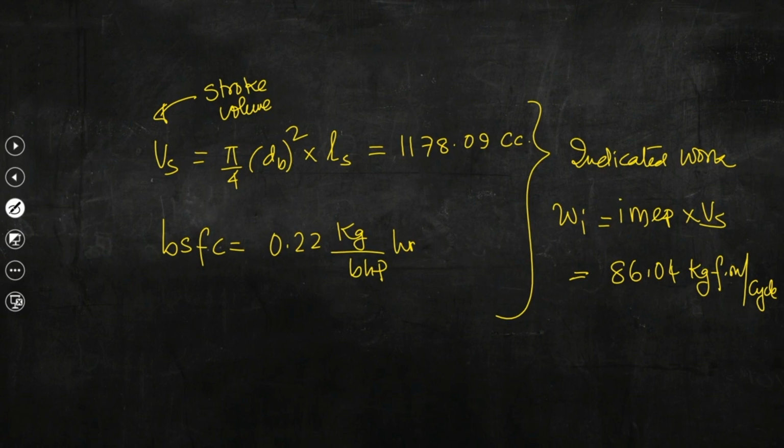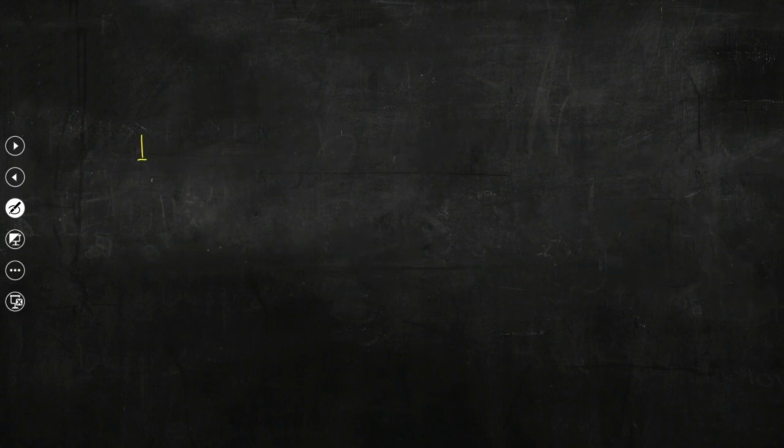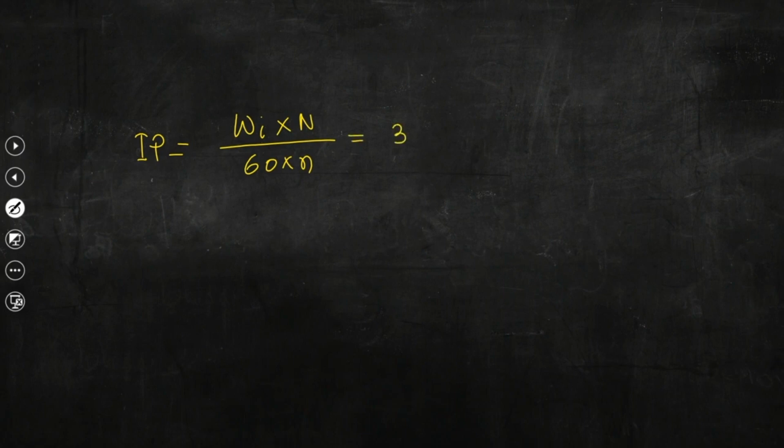Now, what about indicated power? If we go to the next slide, indicated power IP is Wi into n divided by 60, into small n, and if we calculate it we will be getting 322.67 watt.